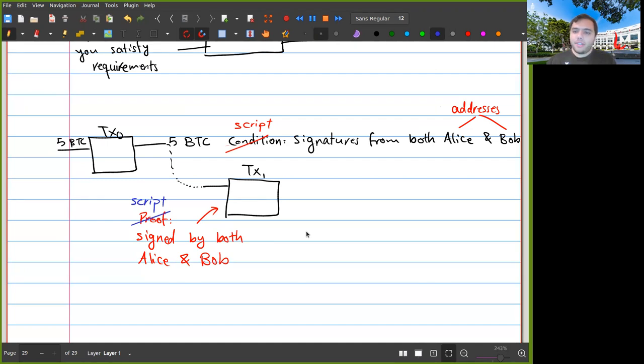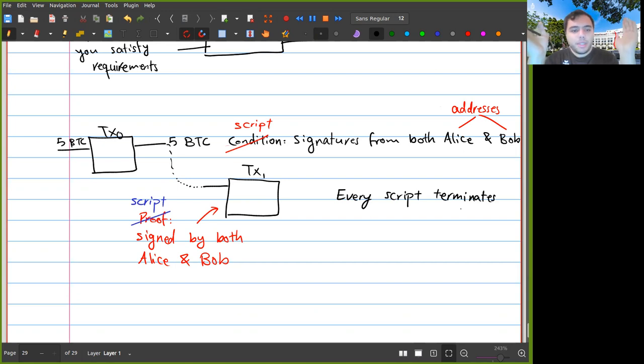It's just a very limited scripting language. And one of the really important issues here is that every script must terminate. Every script terminates, and actually it terminates very fast. Because, as I told you before, there is a bound on the size of a block. Every block can be 10 to the power of 6 bytes.